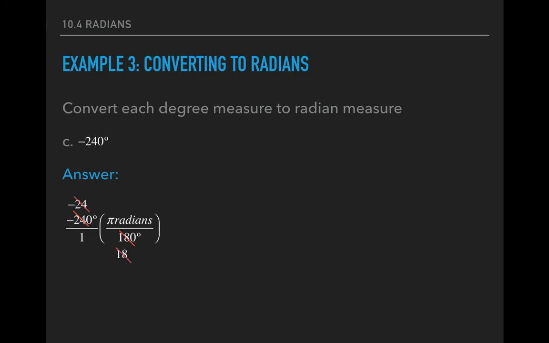And again, those are both able to simplify because 6 can go into both of those, which gives us in the numerator a negative 4 and in the denominator a 3. So we're looking at negative 4 pi over 3 radians.